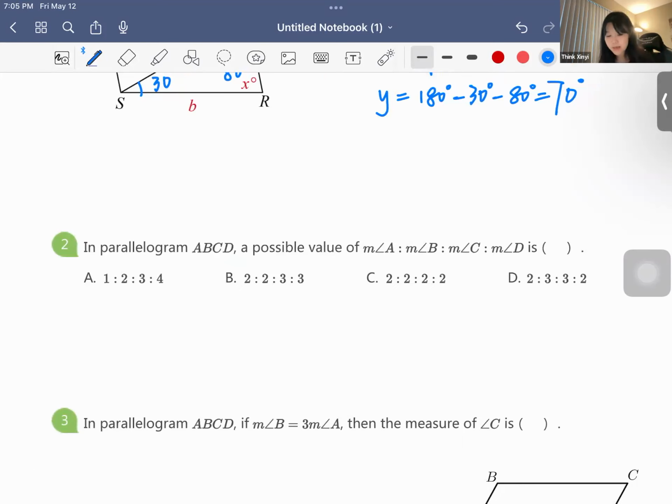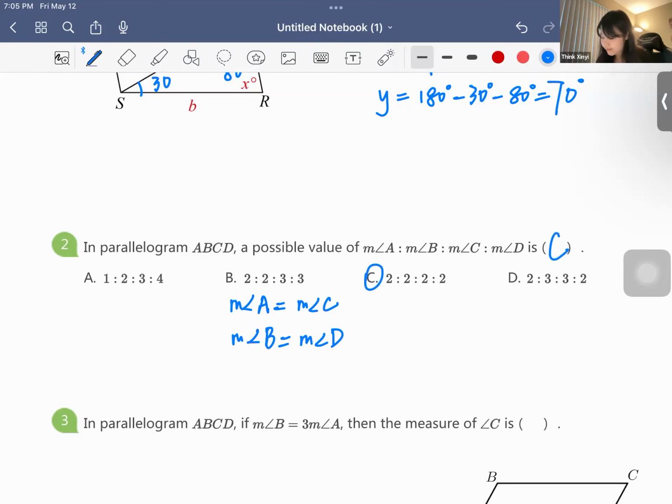So it's also in the parallelogram ABCD. And what's the possible value of the angle A over B over C over D? Since we know the opposite angles of a parallelogram are always equal, we must have the angle A equals the angle C, and the angle B equals the angle D. So the only correct choice is C, okay?